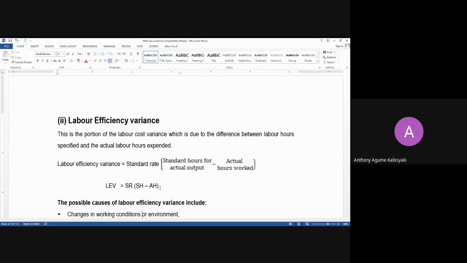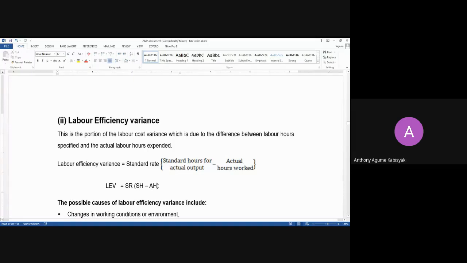What time have you taken to complete or to produce a given level or given unit of output? To compute labor efficiency, we need the standard rate into standard hours minus actual hours.